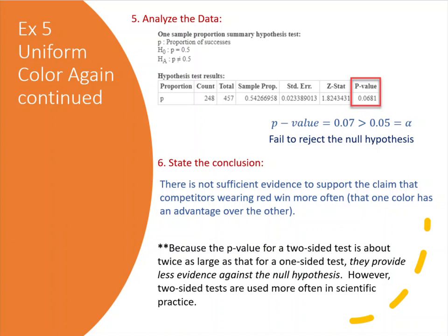So a two-tailed test provides less evidence against that null, right? If I have less evidence against the null, it makes it harder to throw that null hypothesis out. So you better have more evidence, in other words, for us to just throw out that original claim. These two-sided tests, therefore, are what's more often used in scientific practice because it makes it harder for us to just throw out that original claim.